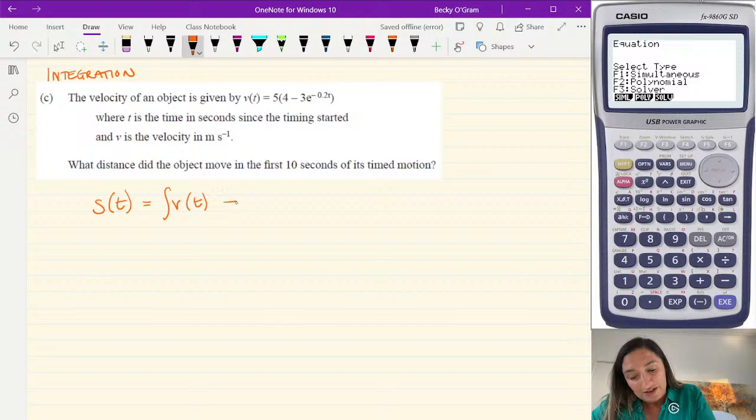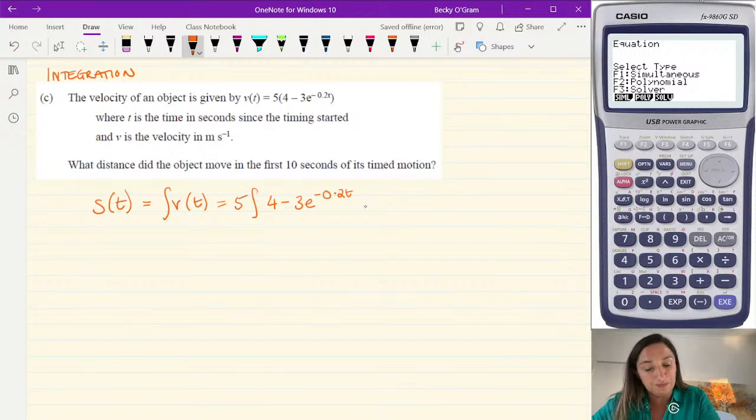So that then becomes the integral of, well, I'm going to bring the 5 outside just to make things a little easier to deal with. We can do that with integration. We can bring multiples out if it's an entire multiple. Now, bringing the 5 out, if I integrate 4 with respect to t, we get 4t.